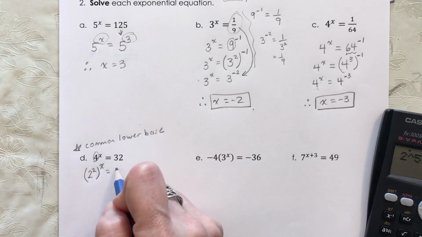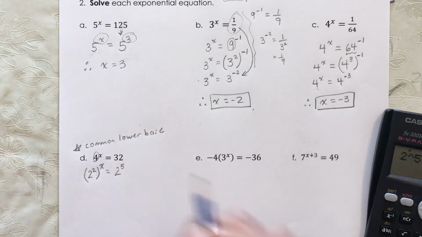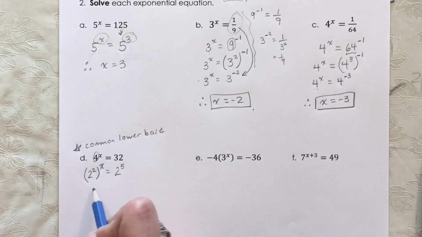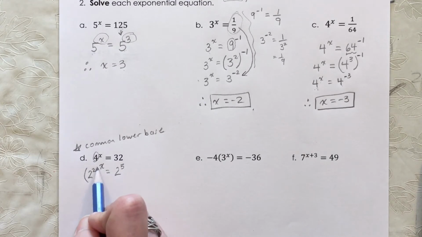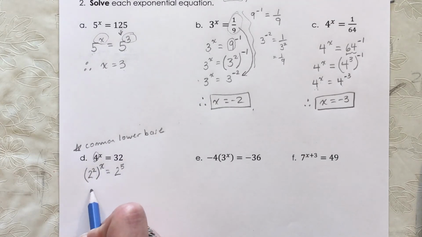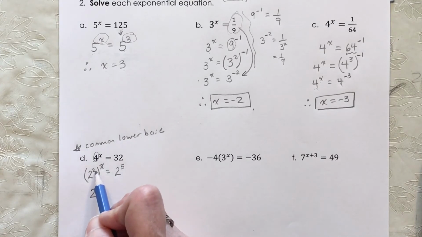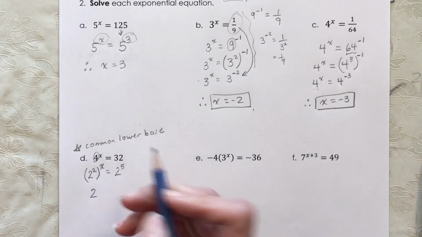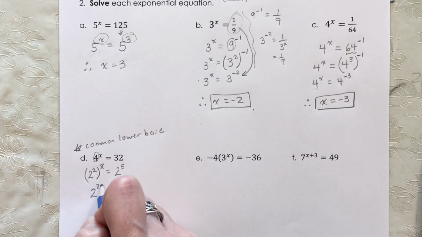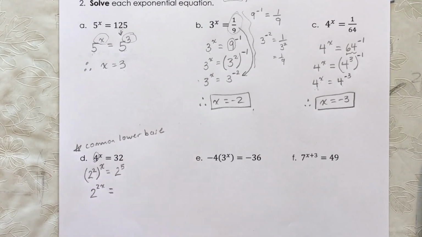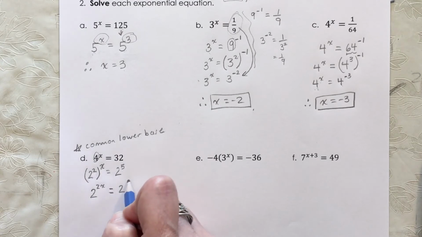So 32 can be rewritten as 2 to the 5th. And then on this side I have a power to an exponent. So the rule says to keep the base the same, 2, and multiply the exponent. So 2 times x is 2x, way back to grade 9 math there. And on this side I have 2 to the 5th.